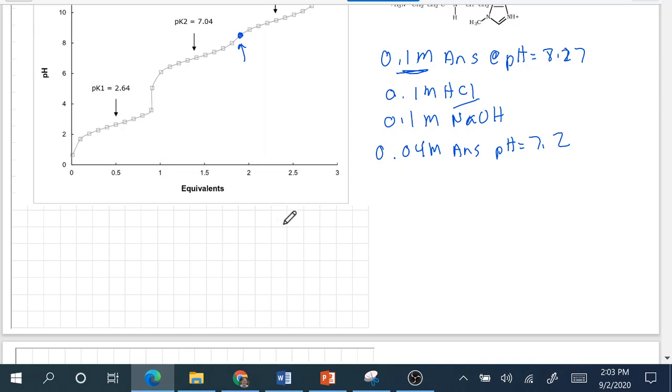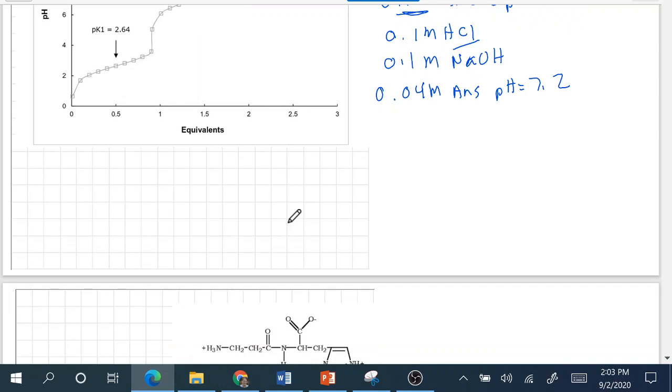So if we have 0.1 molar anserine stock solution, we want 1 liter. Let me write the equation down. So what's our dilution equation? Our dilution equation is M1 V1 equals M2 V2.